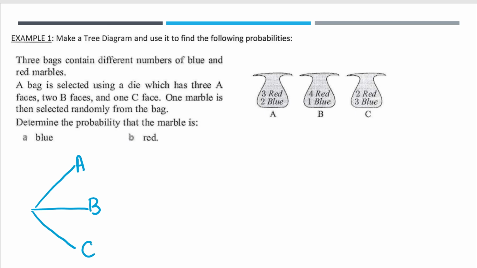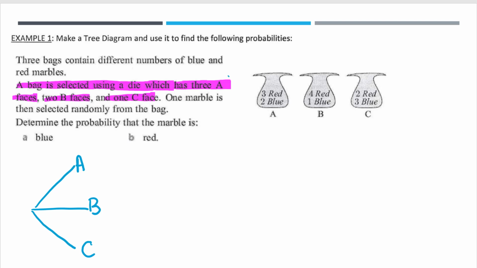Now we're told in the question, a bag is selected using a die. So we know that a die has 6 sides. And it has 3 A faces, 2 B faces, and 1 C face. So that means that the odds of picking each bag are a little bit different.